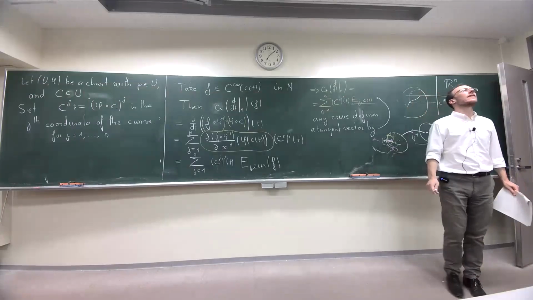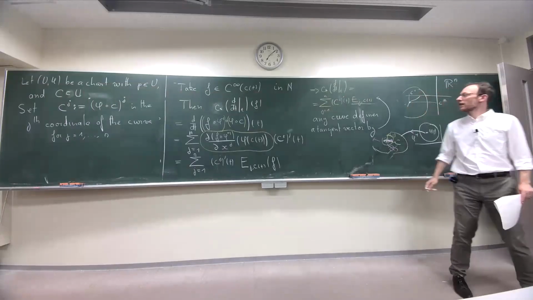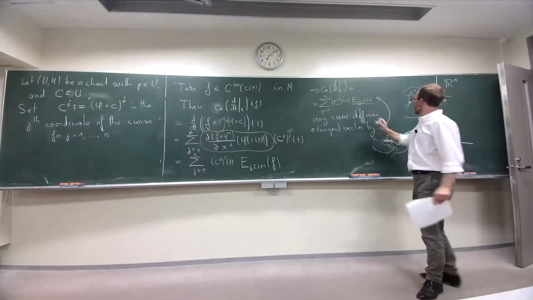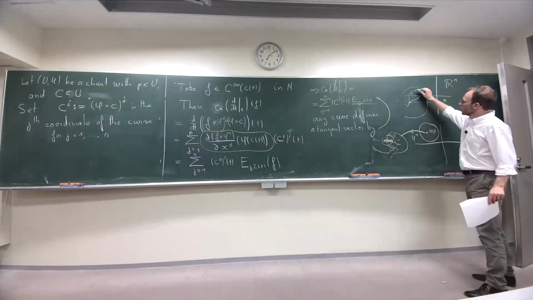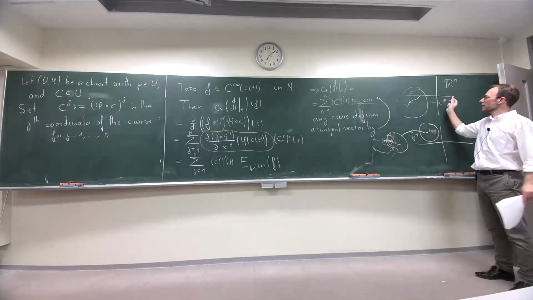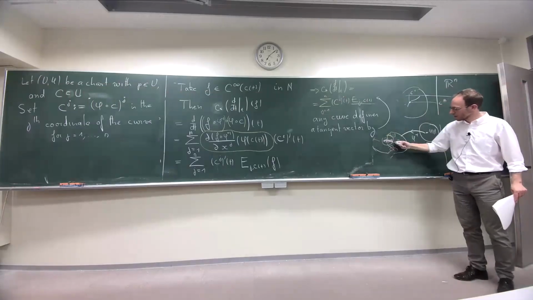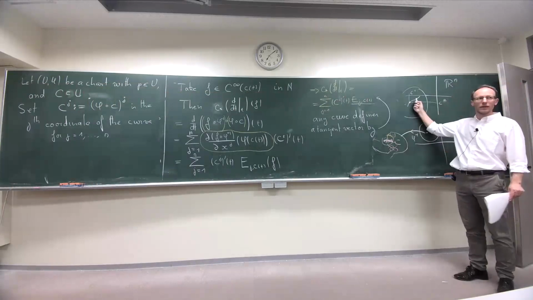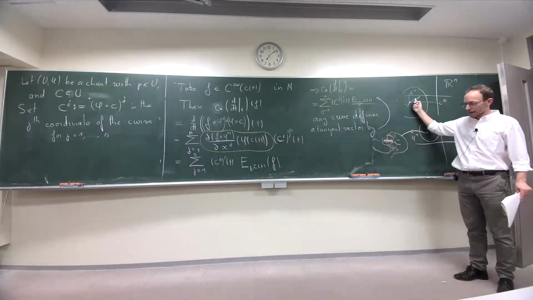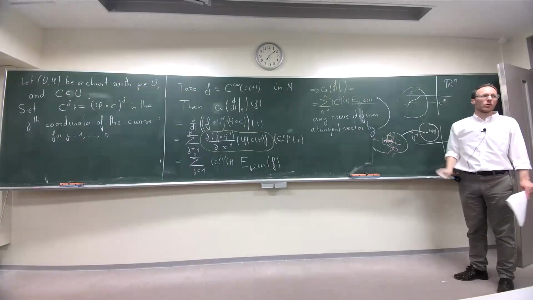Yes. Cj is a component. You have the C1, C2 up to Cj components. Because the curve is living here, but I represent it on Rn. And we have its components.